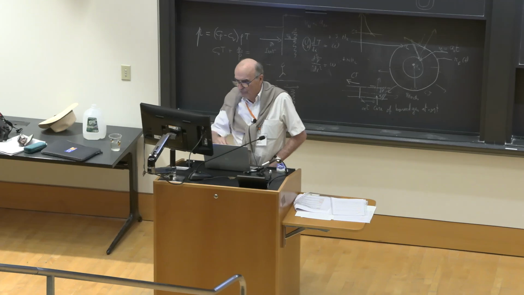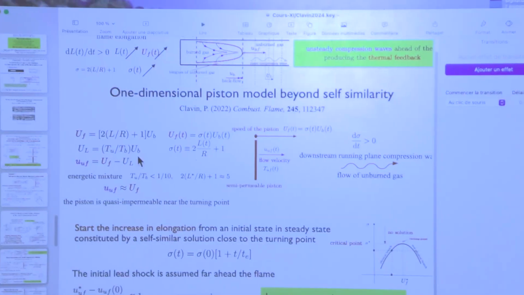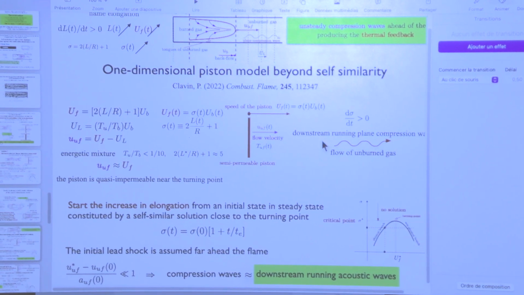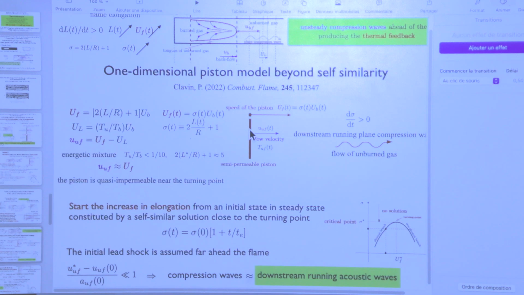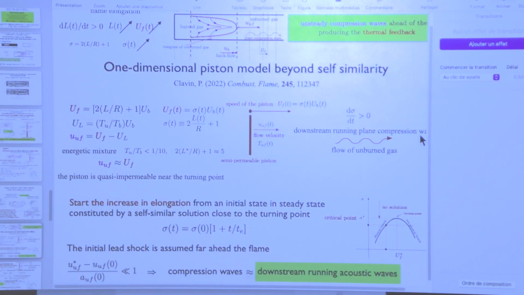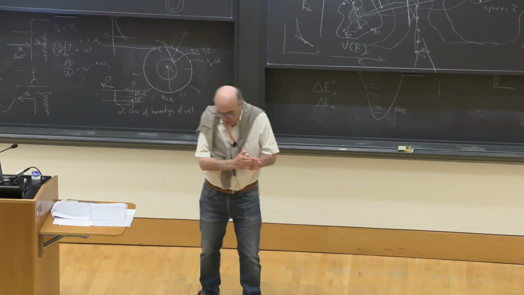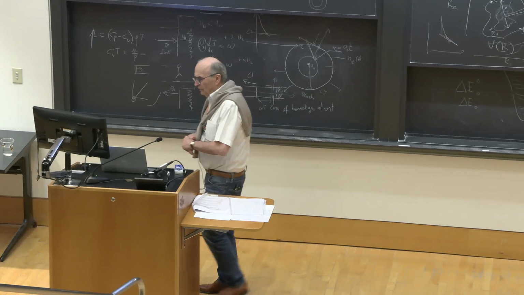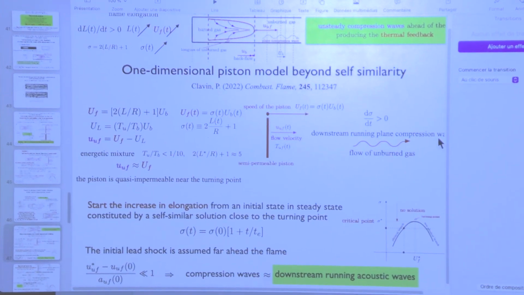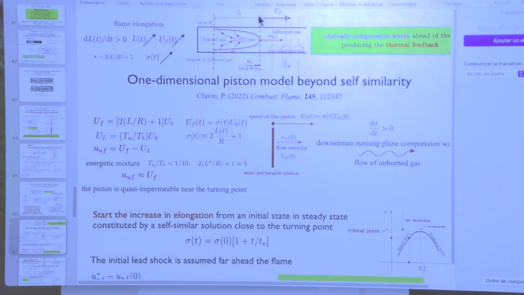So now you use the analysis of Riemann. Because you have an accelerating problem, you have downstream-running flame compression waves that are mainly acoustic waves, propagating, driven by the acceleration of the flame, an acceleration which is due to the increase of the elongation here.